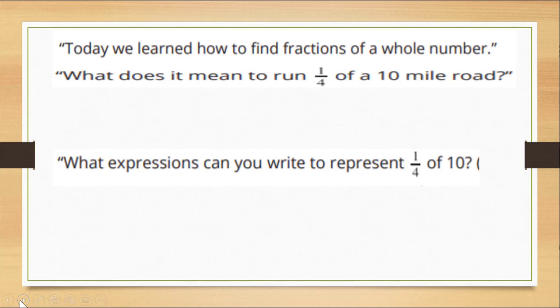So today we learned how to find fractions of a whole number. So what does it mean to run 1/4 of a mile? If you break up the 10 miles into 4 equal pieces, you ran one of those pieces. So let's look here at the equation. 1/4 of a 10-mile road.